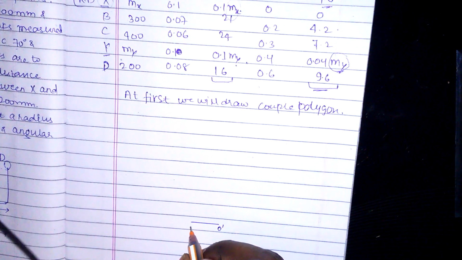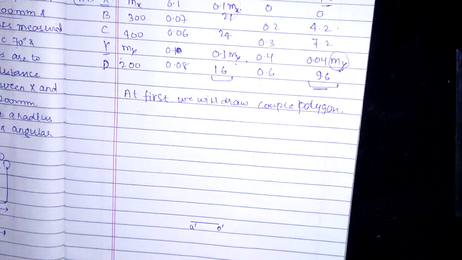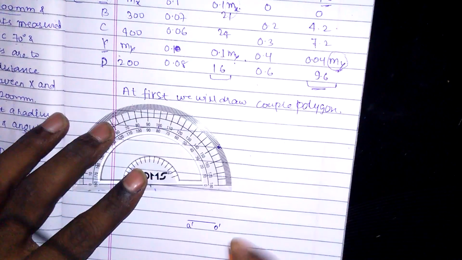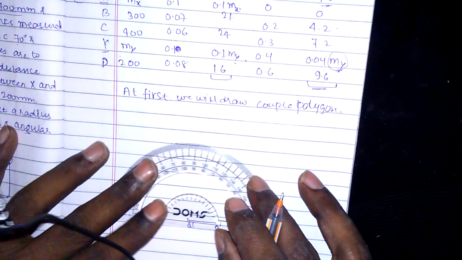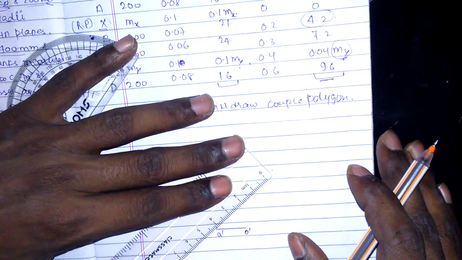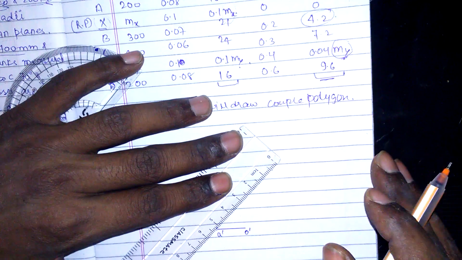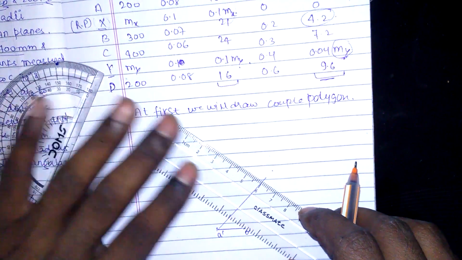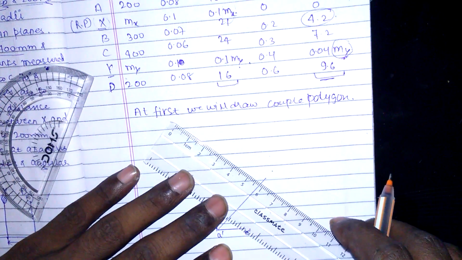Say it is O dash and this is A dash. Now A dash to B dash is at 45 degrees, so draw A to B at 45 degrees. Completing this diagram I will resume. I am doing it a little fast.